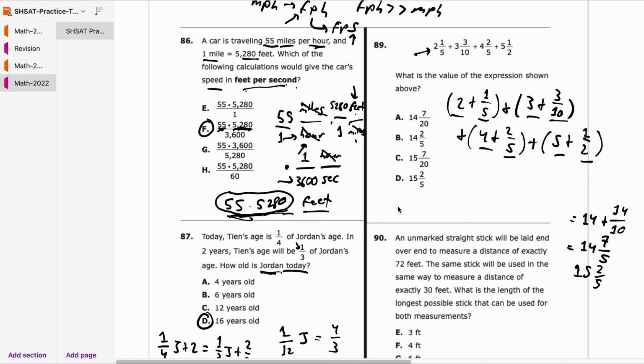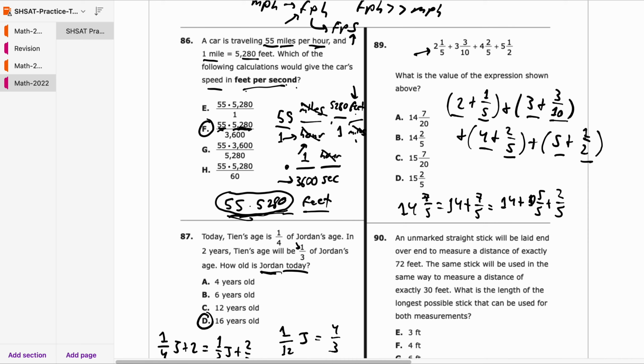If we look at 14 and 7 over 5, this is just 14 plus 7 over 5, which is 14 plus 5 over 5 plus 2 over 5. And this is going to be 14 plus 1 plus 2 over 5, which is just 15 and 2/5. So that's going to be D.